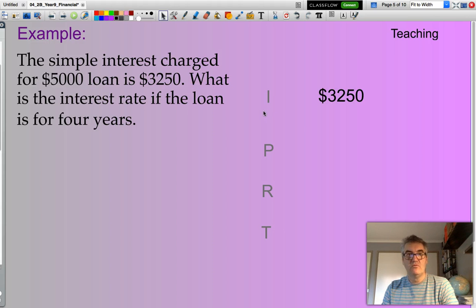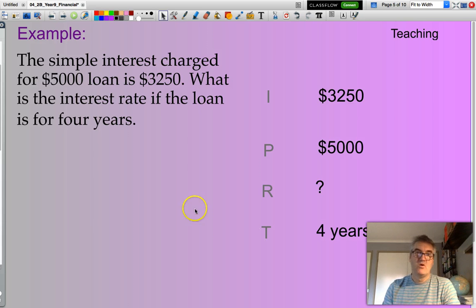The principal, or how much did I borrow, is $5,000. The rate, well, what is the interest rate? The question's asking for the rate, so I'll put a question mark here. And how long was my loan for? Well, my loan was for 4 years.